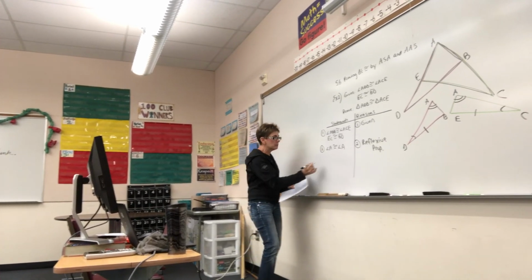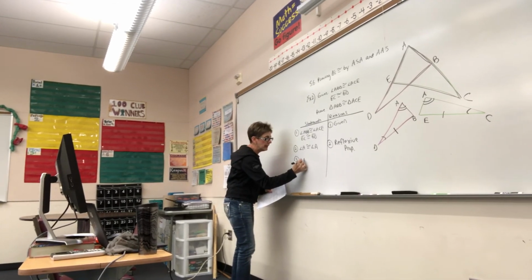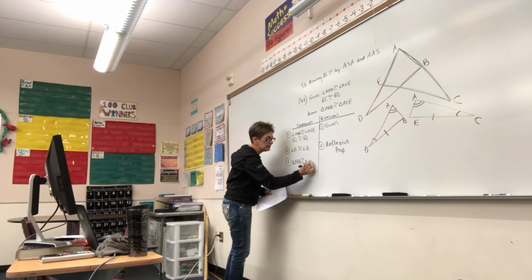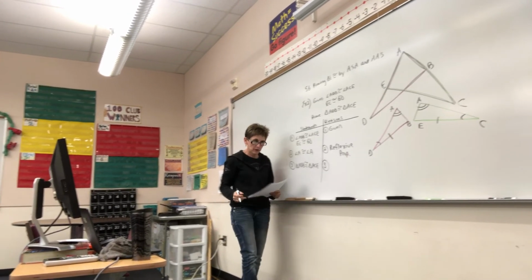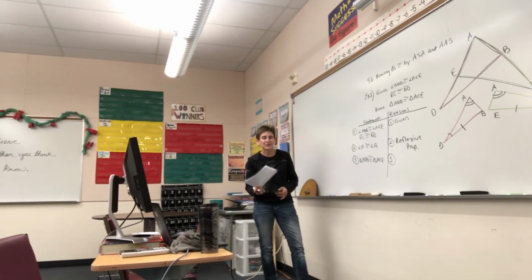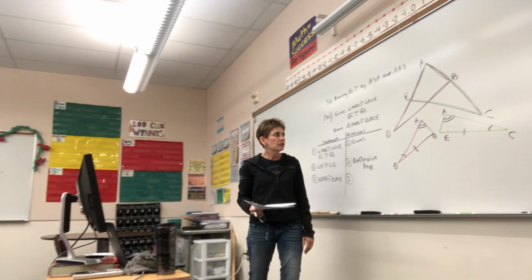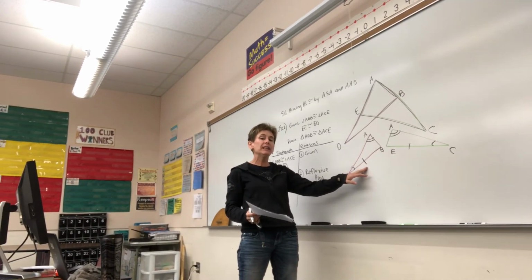Okay. Believe it or not, we're basically done. We're going to write down what we were supposed to prove. We were supposed to prove that triangle ADB was congruent to triangle ACE. Now, what is our reason? It has to be one of the shortcuts that we learned today. So take a look at where the side is and decide, is the side between the two angles?